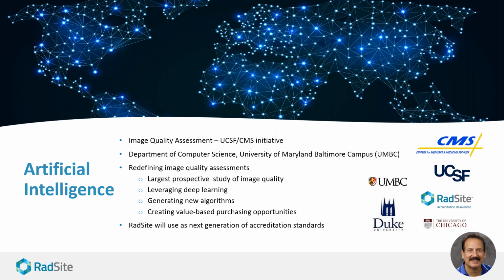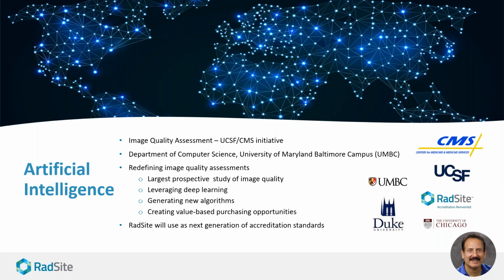This is part of an effort that RadSite has been working on with a number of different teams across the US, utilizing deep learning, convolutional neural networks, and artificial intelligence to take large numbers of images reviewed by large numbers of experts, and then predict for any new image how experts might rate that image with regard to quality.